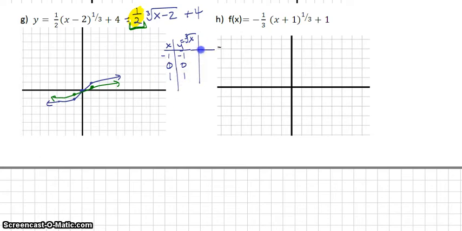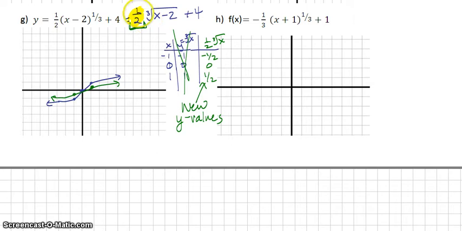And now when I stick in front of that a 1/2 times the cube root of x, I'm just taking each of these and multiplying by 1/2. And then these are my new y values. So again, the shortcut is just instead of going up to 1, go up to whatever the a value is. So this time I went up to 1/2.